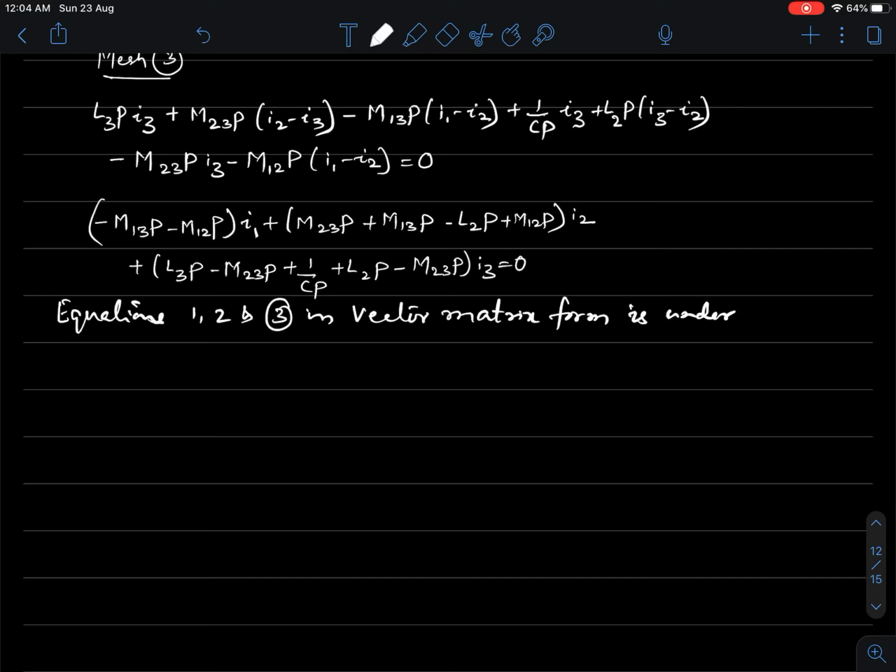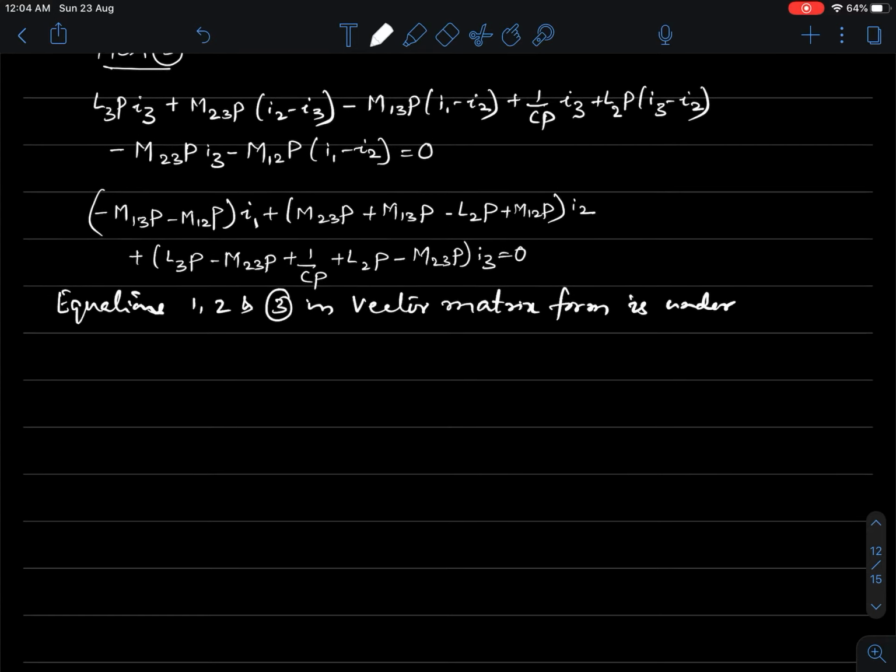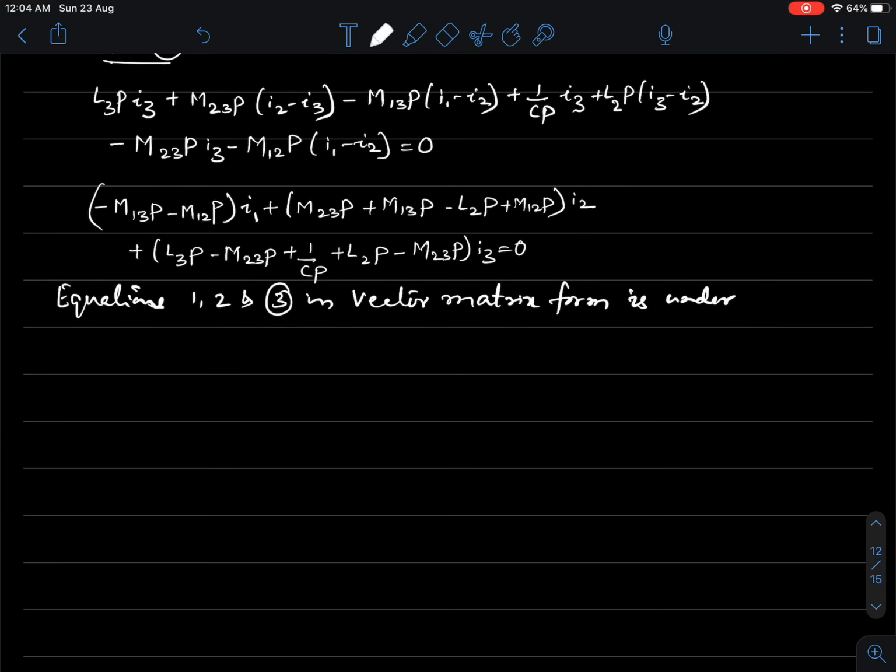Maybe I'll write it big and then shrink it. All I have to do is take the coefficients. I'll open up the bracket, rather a square bracket, I need here.